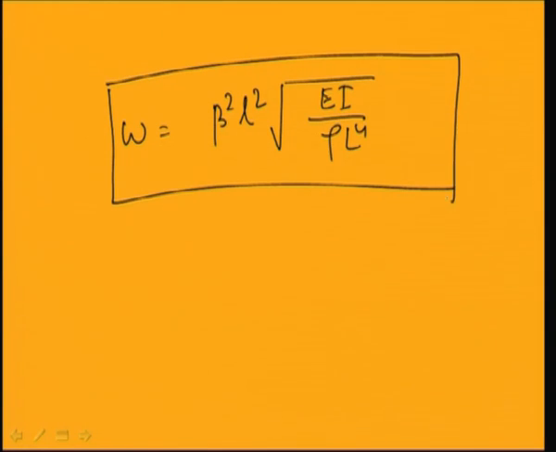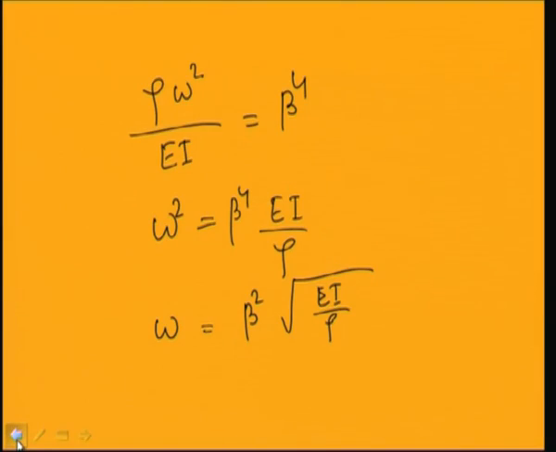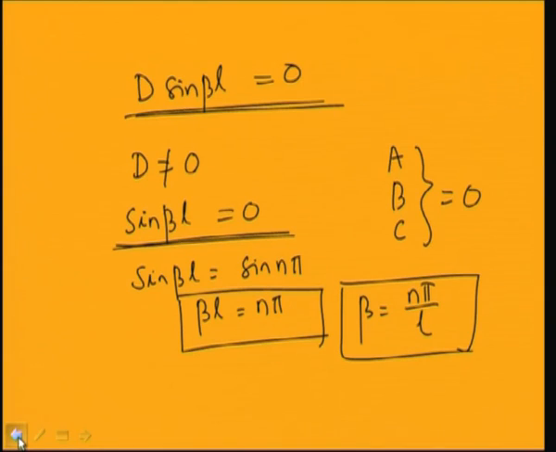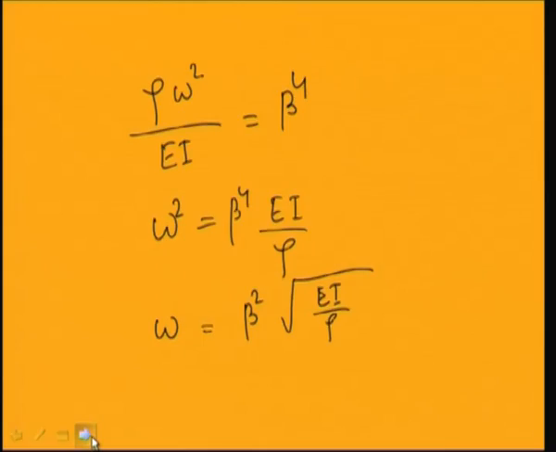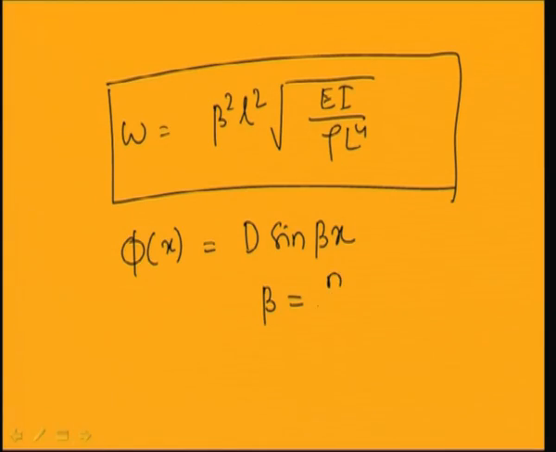So for the simply supported beam, we obtain the mode shape φ(x) equal to D sin(βx), where β we got as nπ by L. So we have β equal to nπ by L, or βL equal to nπ.